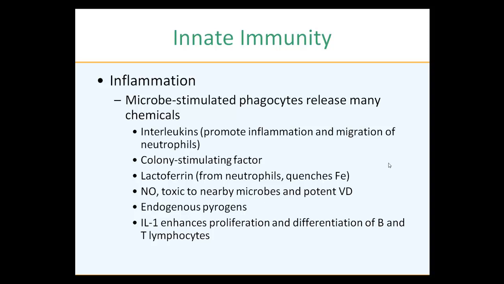Then, when your capillaries are wide open because of this increased flow, you will increase the exudate, the exit of the plasma proteins and plasma fluids into the extracellular space.